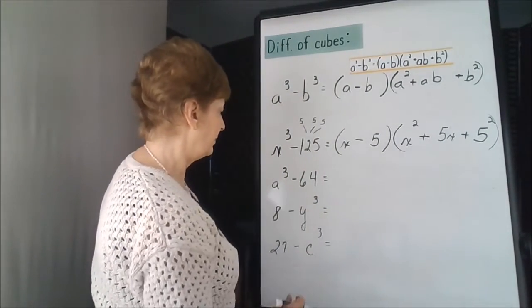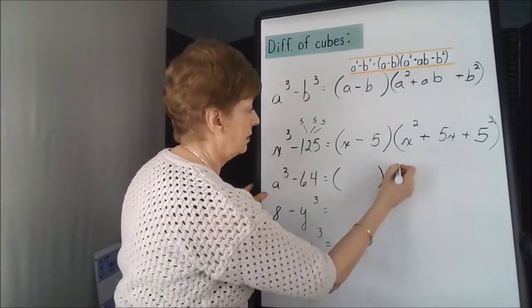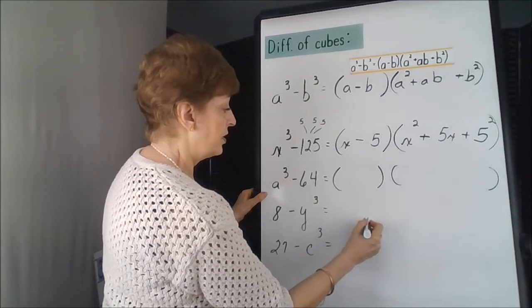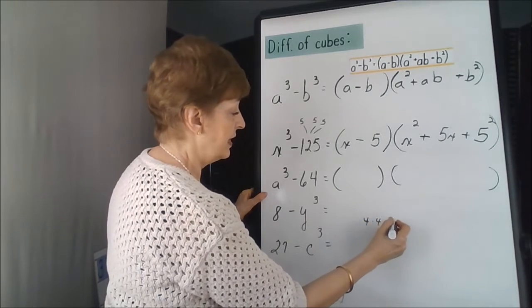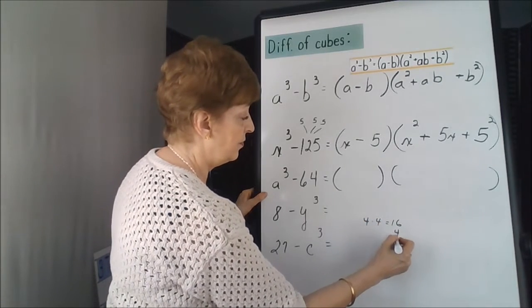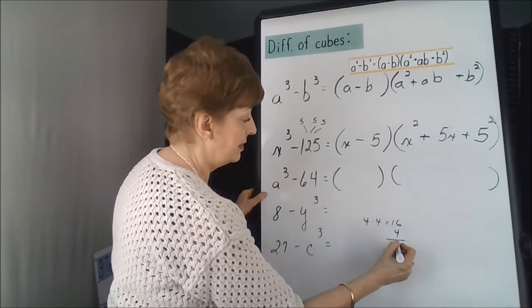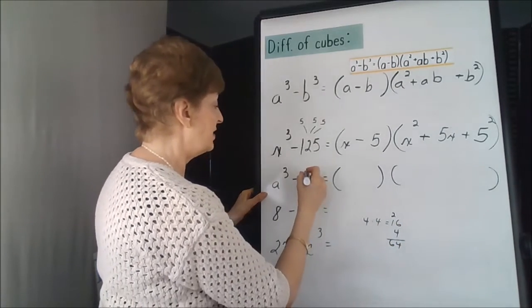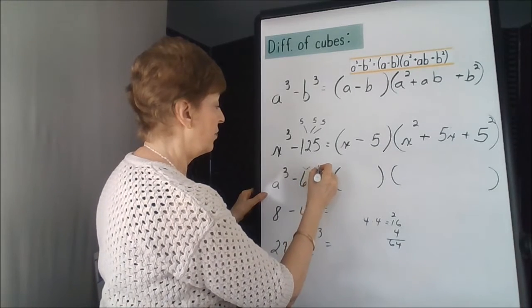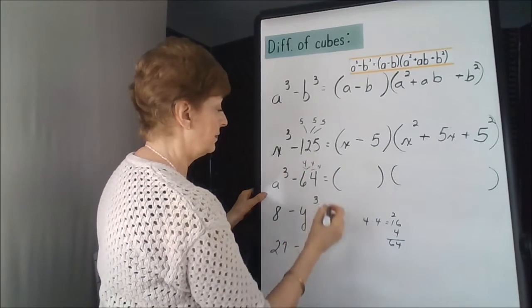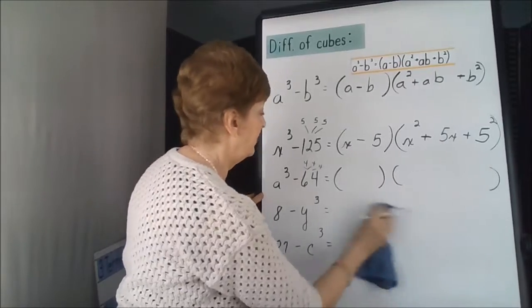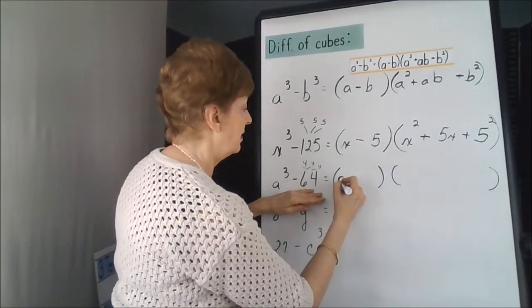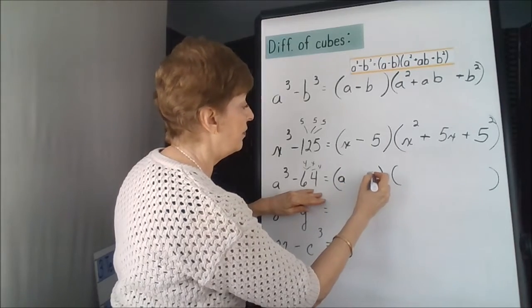Let's go on. Four times 4 is 16. 16 times 4 is 64. So this factors to 4 times 4 times 4. Now we can apply. Our A goes here with one of the 4s.